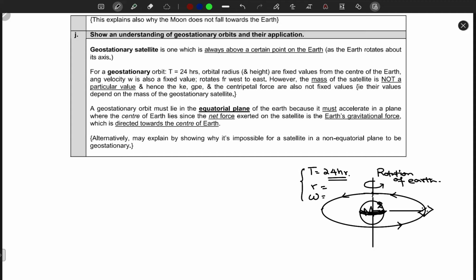But when you send a satellite, it could have different values for mass. So this is not going to be the same every time, which is why there would be different values for the kinetic energy, the gravitational potential energy, and the centripetal force, because all of these involve the mass.